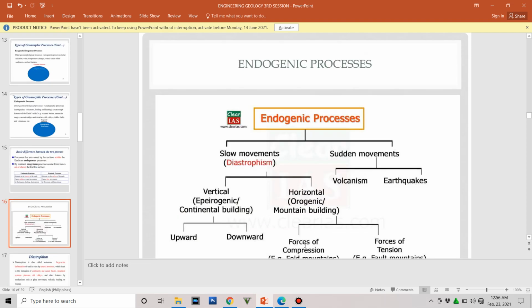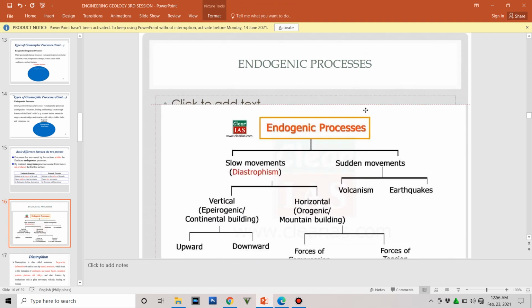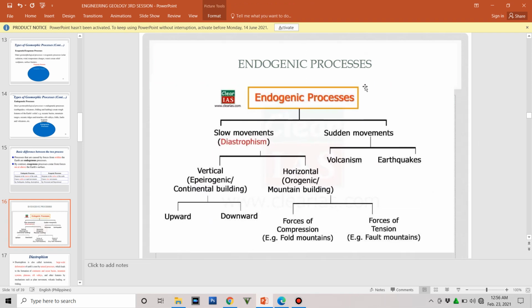So, endogenetic process is further broken down into some processes here. It is broken down into slow movements and sudden movements. So, the sudden movements, we have volcanism and earthquakes. And the slow movements, we have the diastrophism.